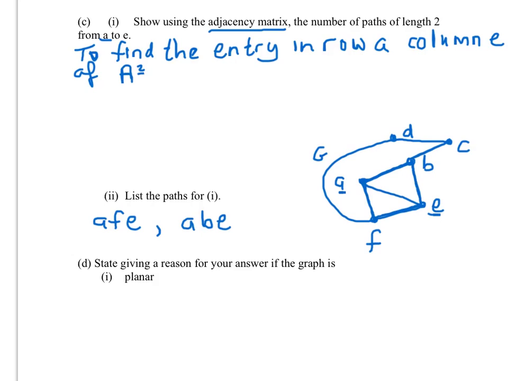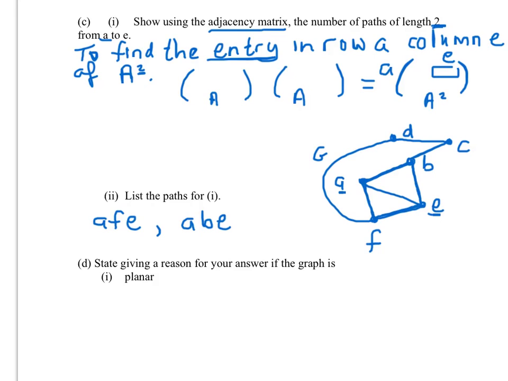The A squared comes from the fact that the path is of length 2. So if the path was of length 3, you'd have to look at A cubed. So to get A squared, what you do is you multiply A by A. So A multiplied by A will give you A squared. And we want to look at the entry in row A, column E. So row A is this row here, column E is over here, so you want the entry here.